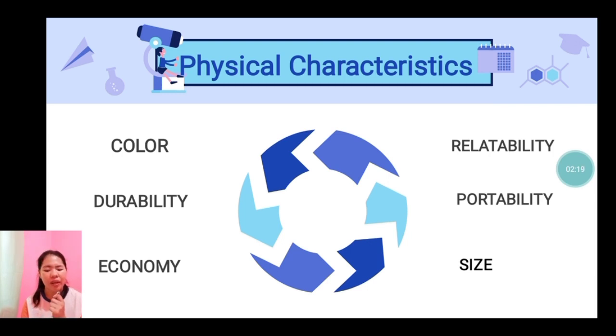Size is very important, so we use an appropriate size inside the classroom. For the materials we bring to the class, for example, pictures, flashcards, posters, and so on, it should be big enough to be seen by all students.